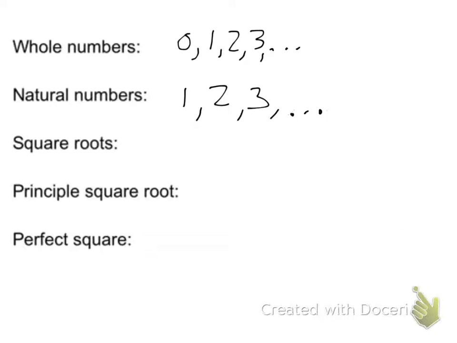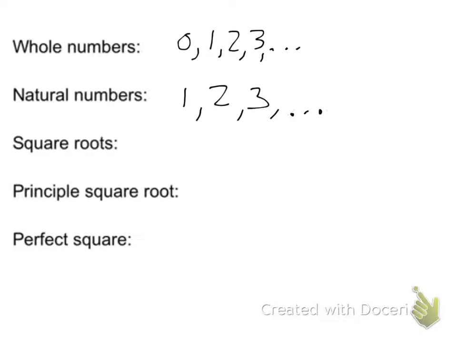So, square roots. The definition of a square root is a little bit trickier than just saying what is a square root. Like the square root of 36 is 6. It's pretty easy. We've all been doing that for so long.